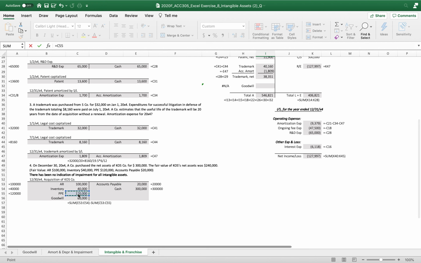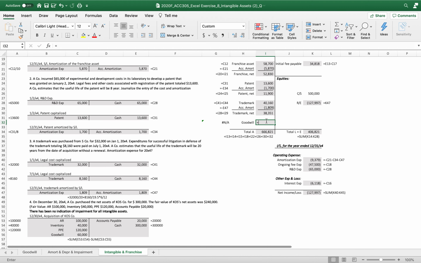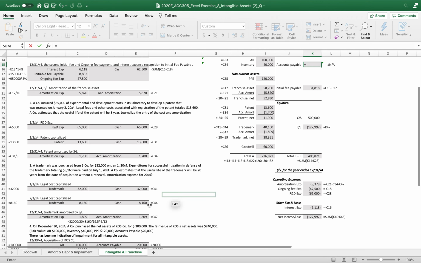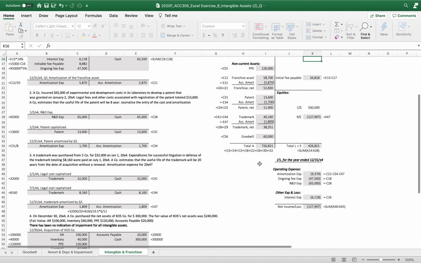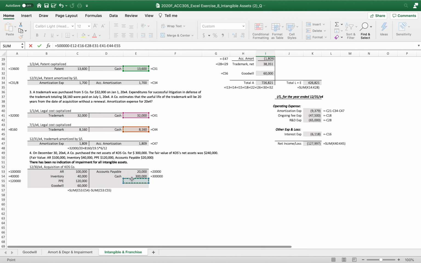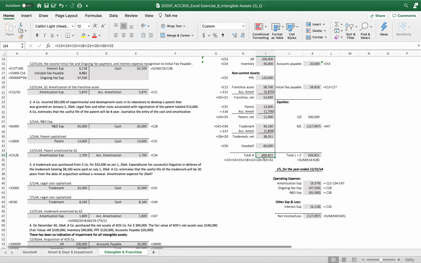Then PP&E, then the goodwill, and accounts payable $20,000. And then cash out, finally, $300,000 for the acquisition of the company. So we balanced out between the total asset and total liability and equity, and we finished creating the income statement for the year ended December 31st, year 4.